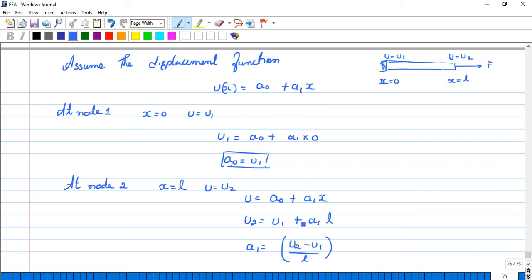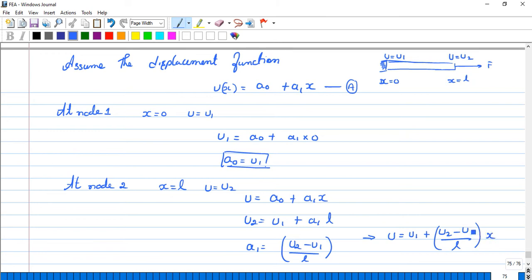So let us substitute these two values in the displacement function. When I substitute here, u is equal to a0 as u1 plus a1 as (u2 minus u1) by L, multiplied by x.